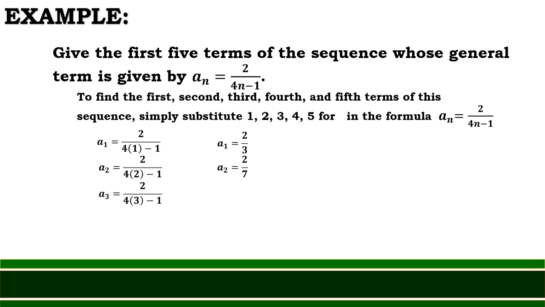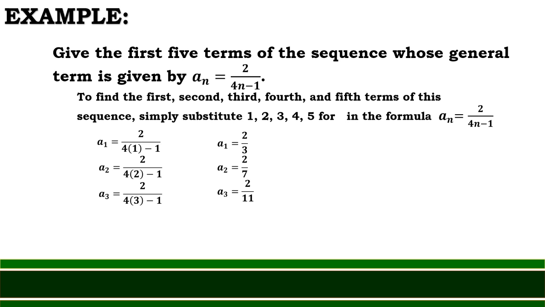For the third term, the equation will be a sub 3 is equal to 2 over 4 multiplied by 3 minus 1. So 4 times 3 will give you 12, minus 1 will give you 11. Therefore, the third term for this sequence is 2 over 11.